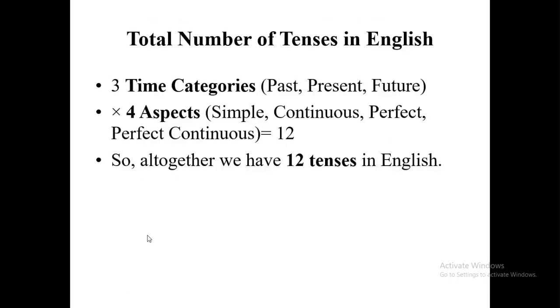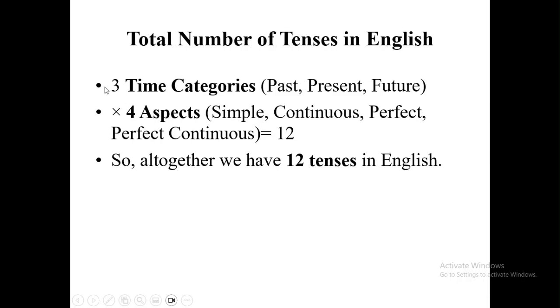Therefore, for the total number of tenses in English, understand the three main categories, that is past, present, future, and the four aspects, that is simple, continuous, perfect, perfect continuous.